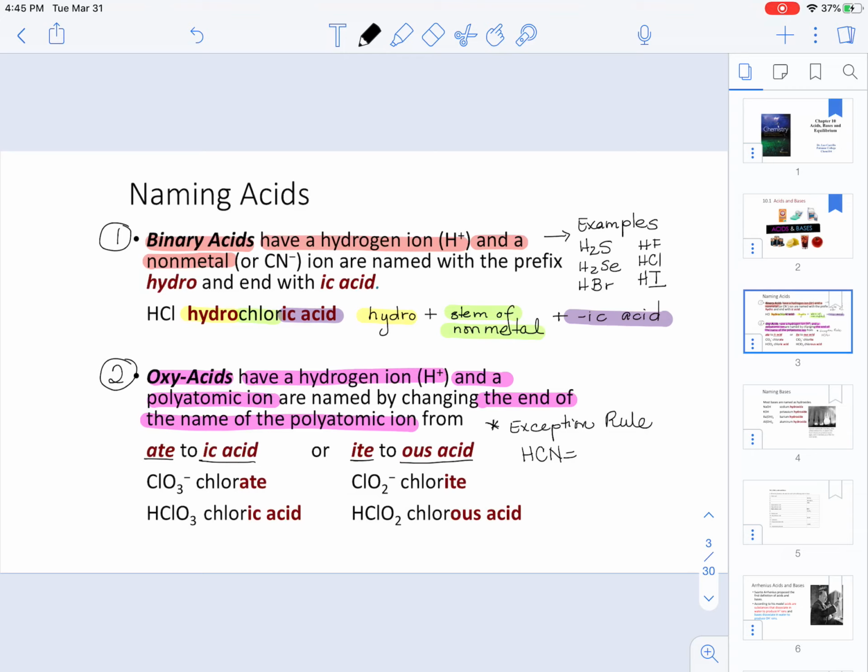So the name of HCN, which is the acid of cyanide, is hydrocyanic acid. Again, HCN is the only acid that comes from the polyatomic ions that is not going to have this ate to ic switch or this ite to ous switch. We're going to name it like binary acids.